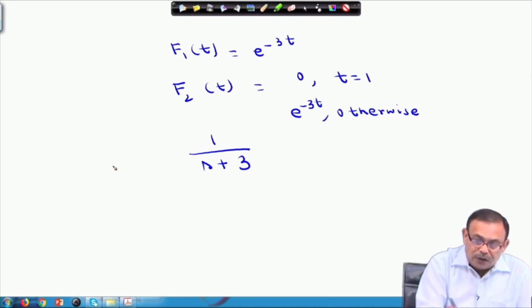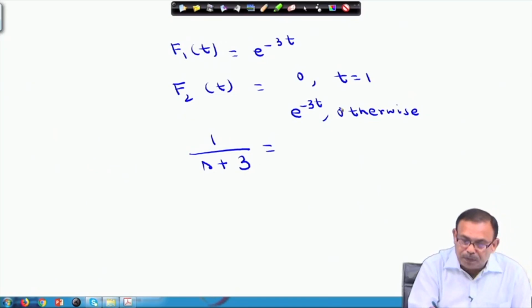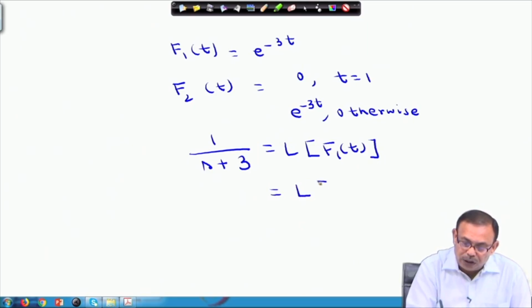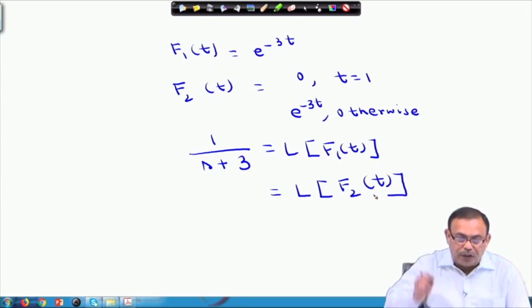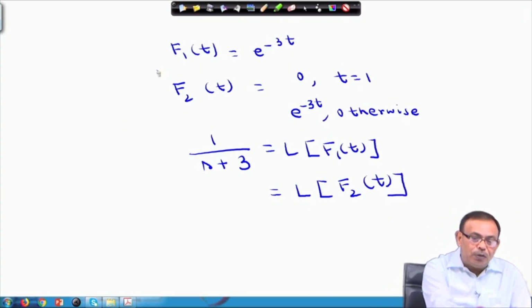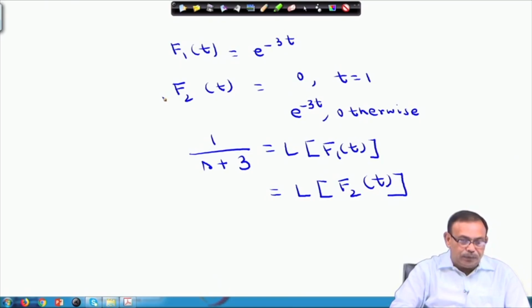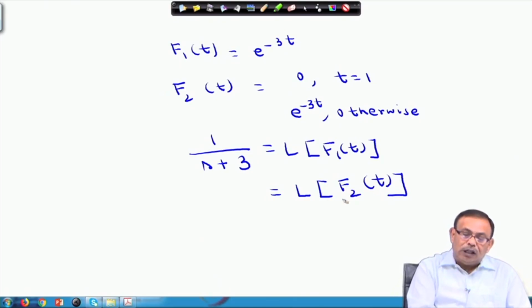That is, this is equal to 1 by s plus 3, the Laplace transform of f1(t), and this is also equal to the Laplace transform of f2(t). So, please note this one, I am giving you two different functions, but the Laplace transform of both are the same.